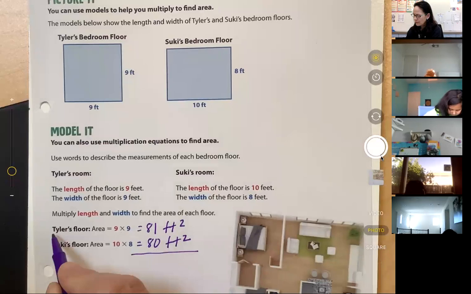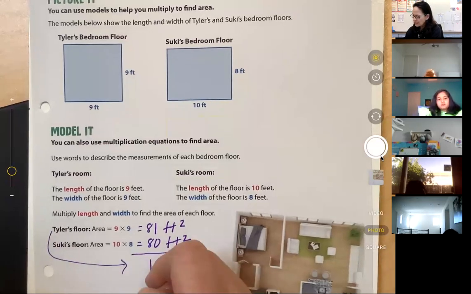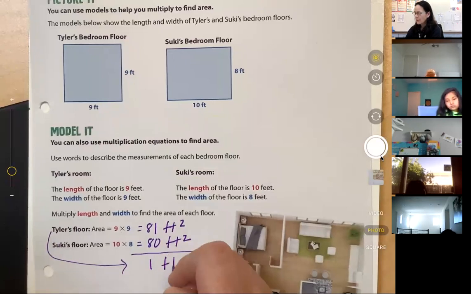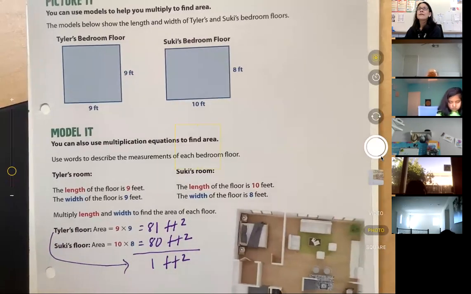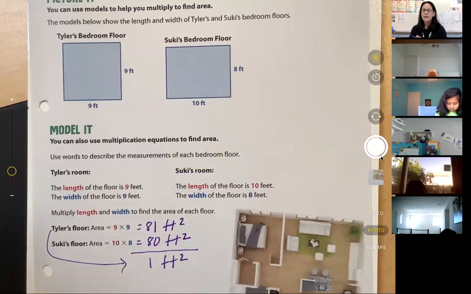Tyler's floor is greater by 1 square foot. Again, friends, it is 3 steps. We are finding Tyler's area. We are finding Suki's area. We are subtracting to find the difference, to answer the question, who has more space or area? All right?